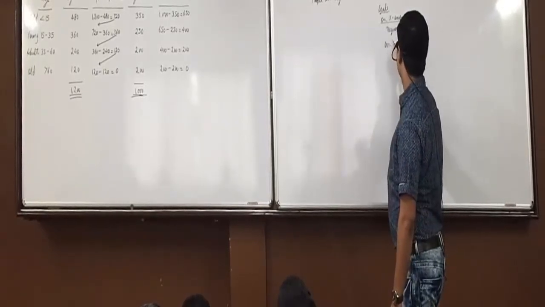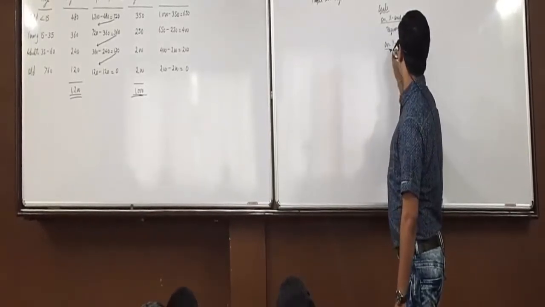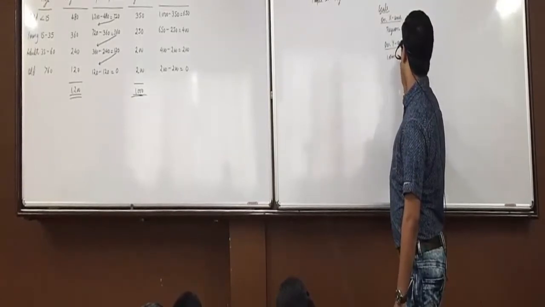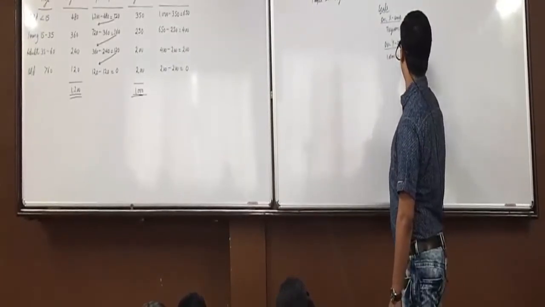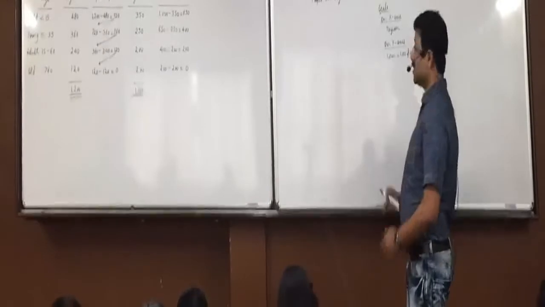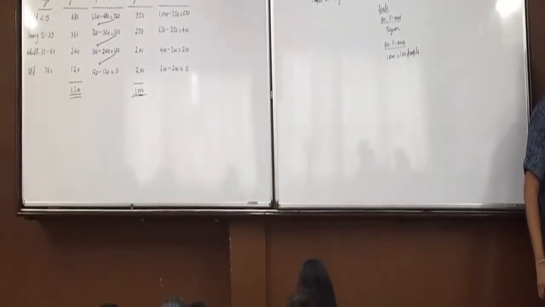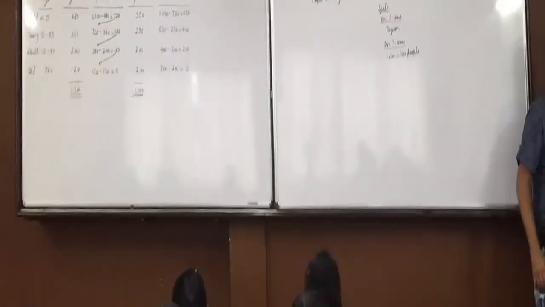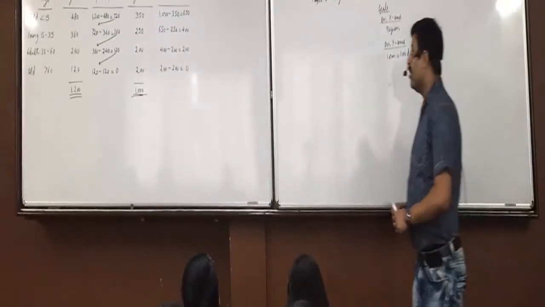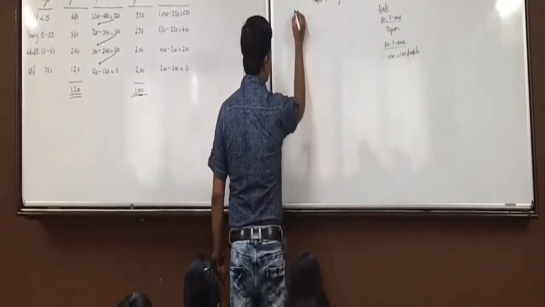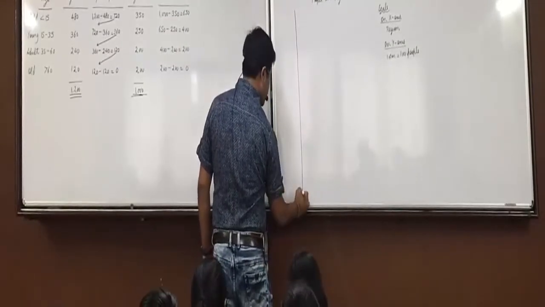And on the y-axis, we'll take 1 centimeter equals 100 people or persons. Understood that, everyone? Any doubts in that? Now x-axis and y-axis, how to make it understand it properly?